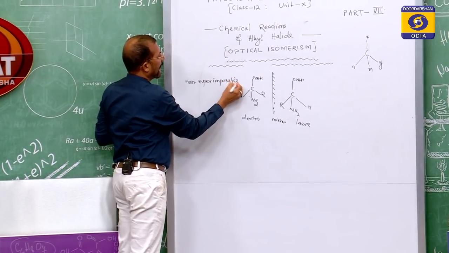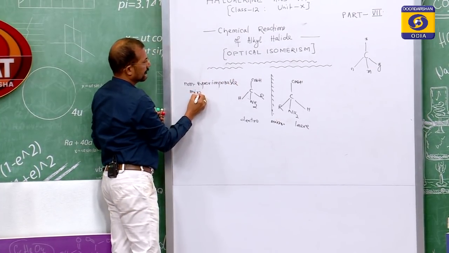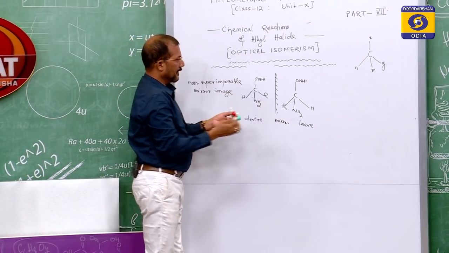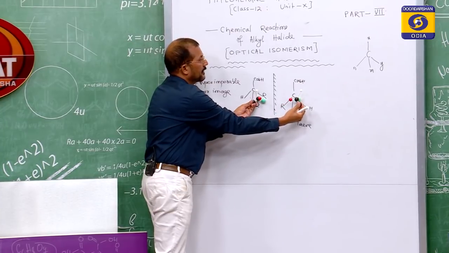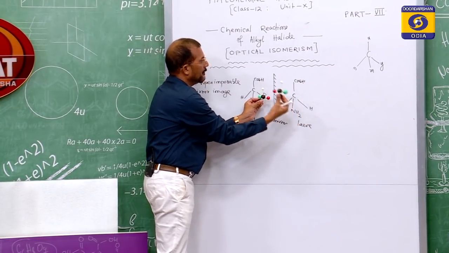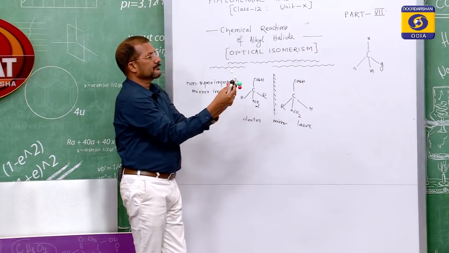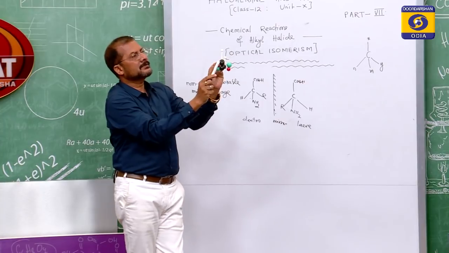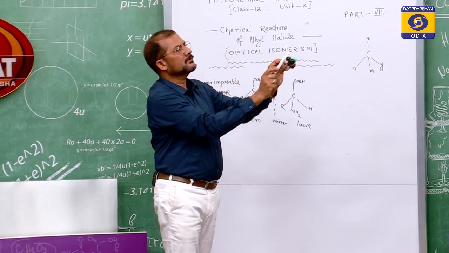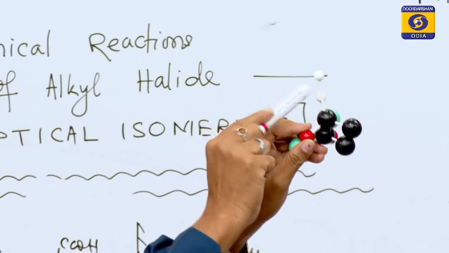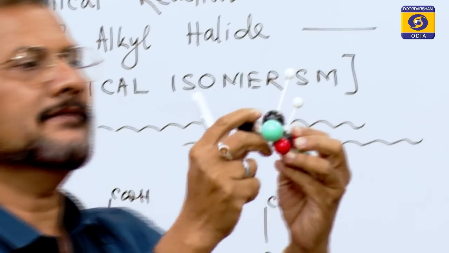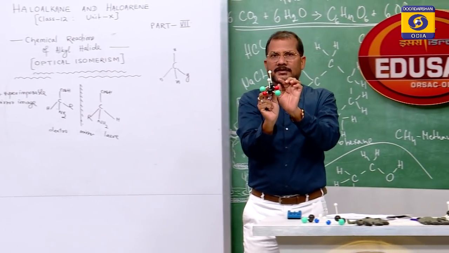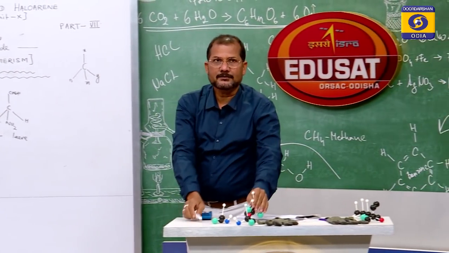Mirror image means if the image is placed upon the object, then you can see this atom has matched with this atom, these two hydrogen atoms are matched, but here is the difference. So, this is a non-superimposable mirror image. Such type of molecule shows optical isomerism.